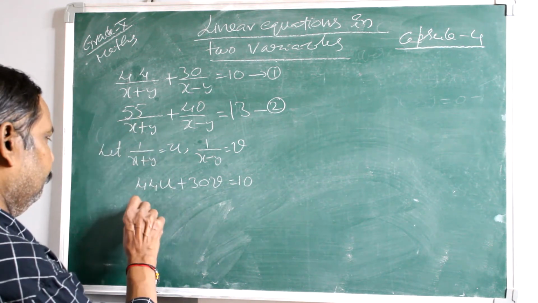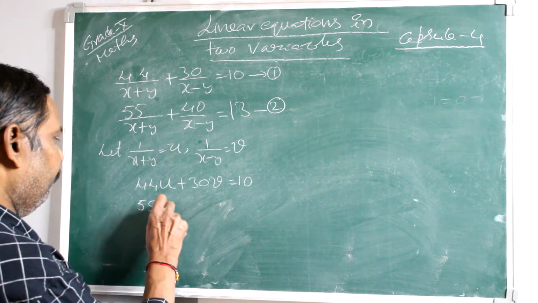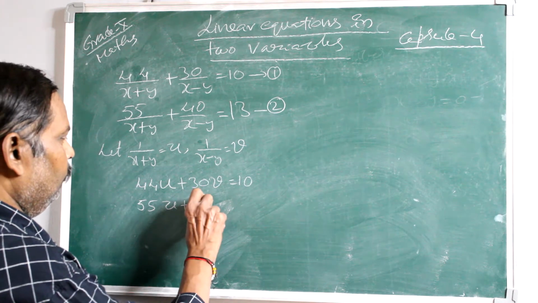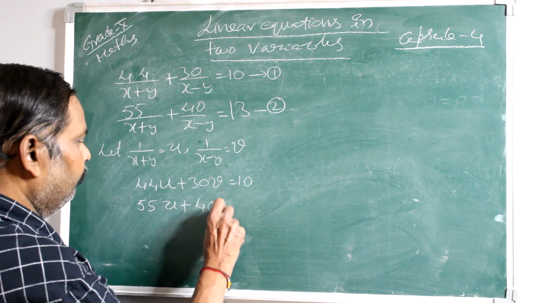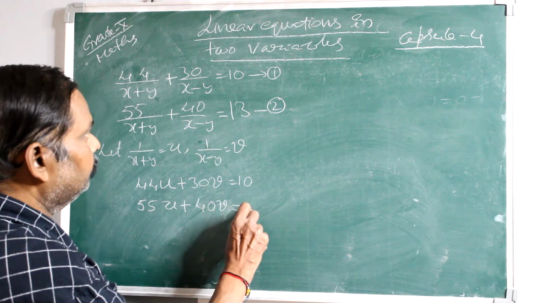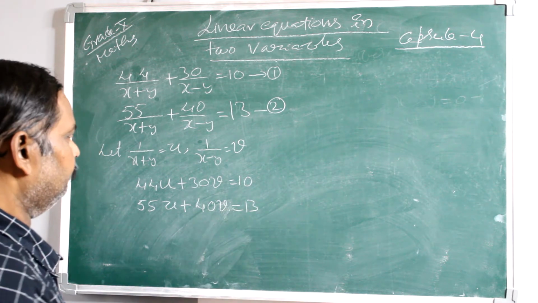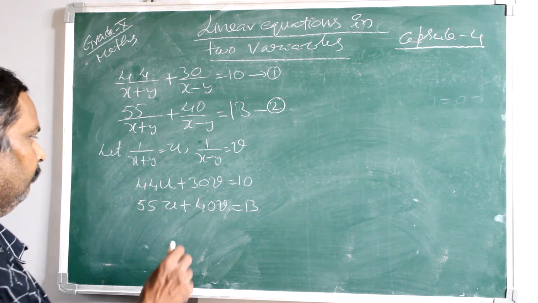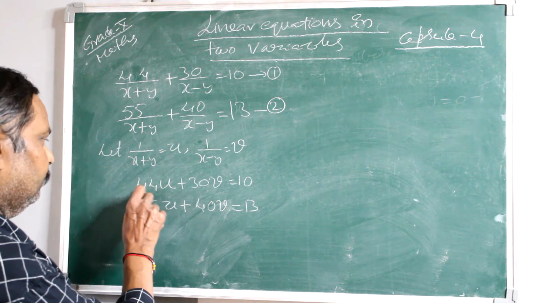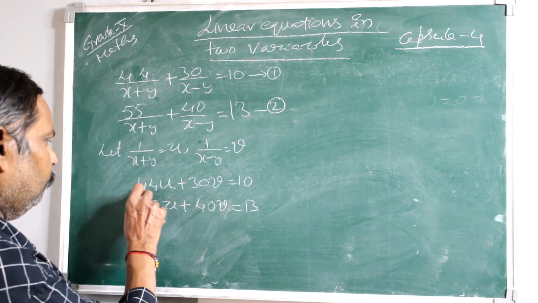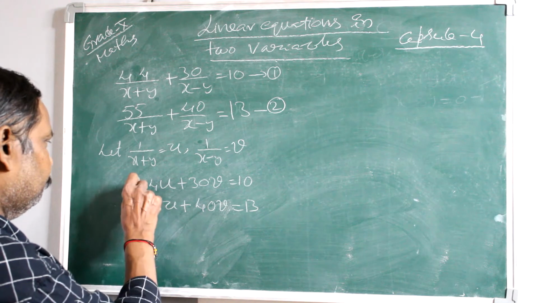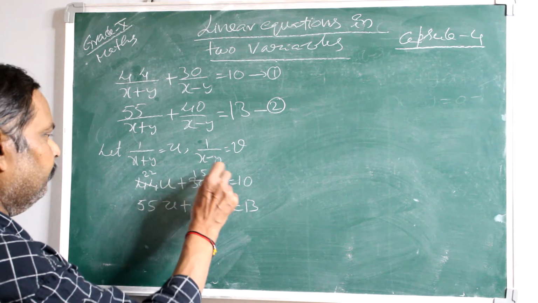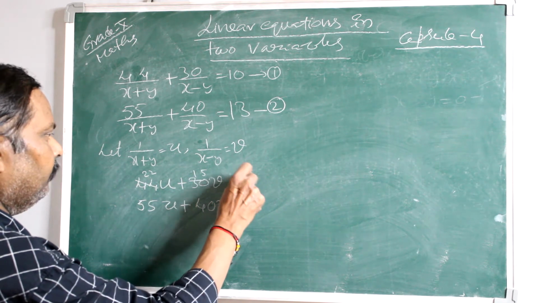And here 55u plus 40v is equal to 13. Now we have to solve these two equations. First of all, in this one you can take 2 as a common factor. 2 22s are 44, 2 15s are 30 and 2 5s are 10.